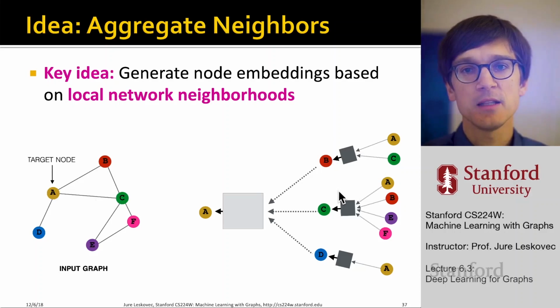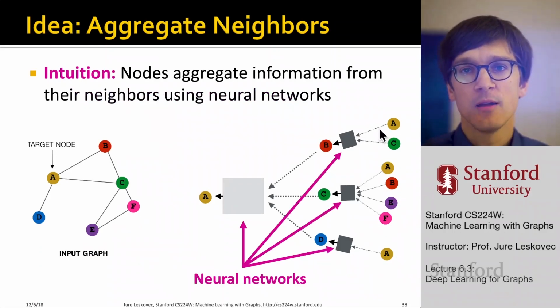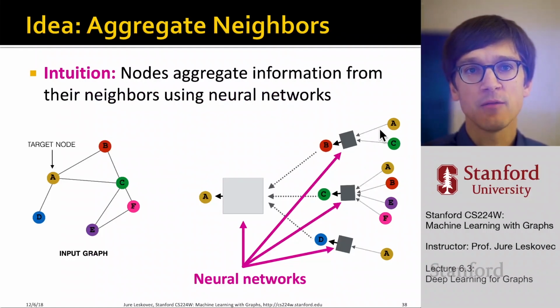So now, if this is the structure of the graph neural network, what we have to learn are the message transformation operators along the edges, as well as the aggregation operators, right? Because node B says, I will collect the message from A, I will collect the message from C, these messages will be transformed, aggregated together into a single message, and then I'm going to pass it on.